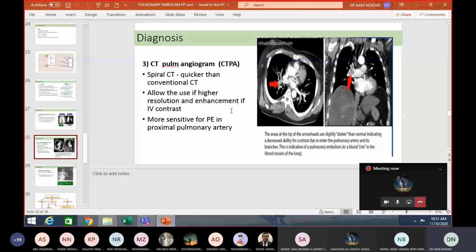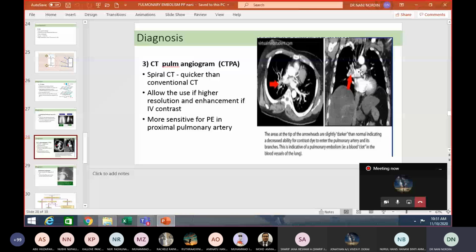Okay, so it's a combination of angiogram and CT scan. I'm not sure if you can appreciate, if you can see this is your pulmonary artery.